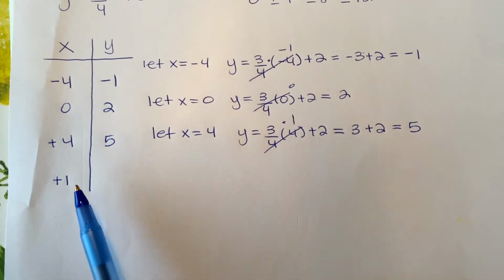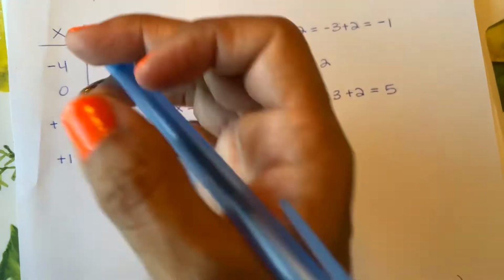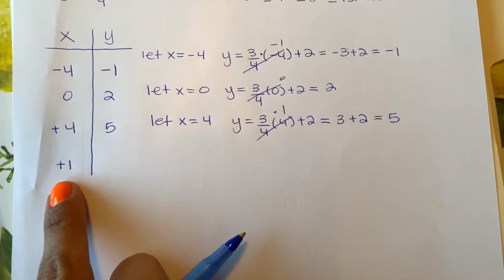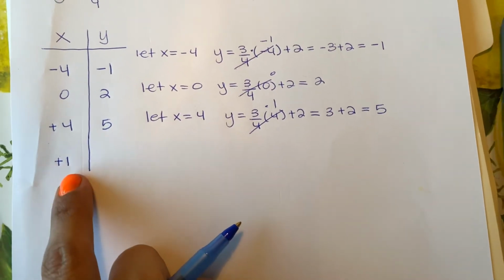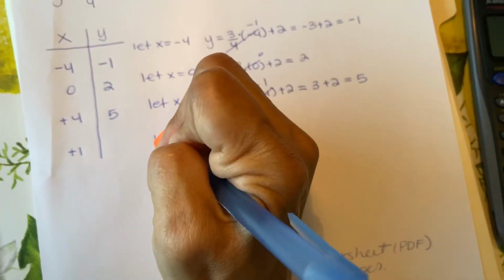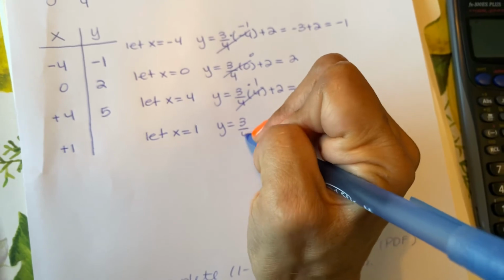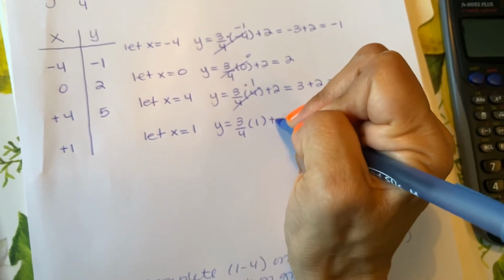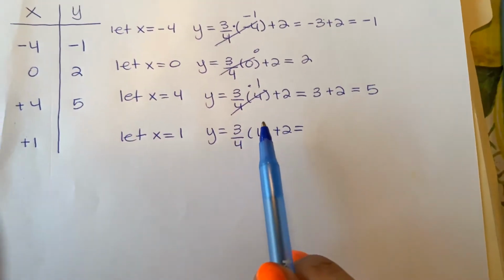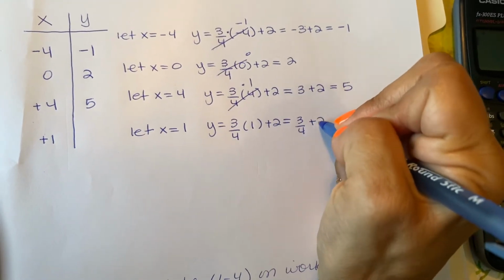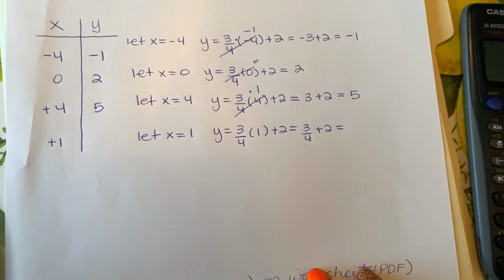Okay, now let me just talk about the 1. I'll still plot this one, but you guys realize you only had to pick 3 points. Okay, this one is just now what happens if you let x equal 1. Okay, if you let x equal 1 and say you don't follow this rule, and you're not obligated to, all right, what's 3/4 times 1? 3/4. And what's 3/4 plus 2?